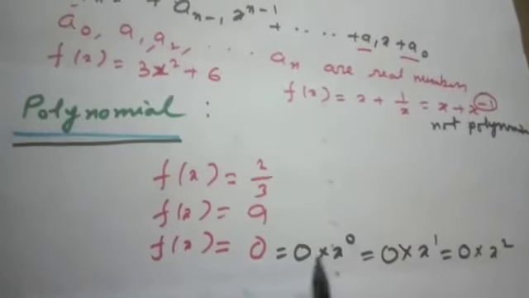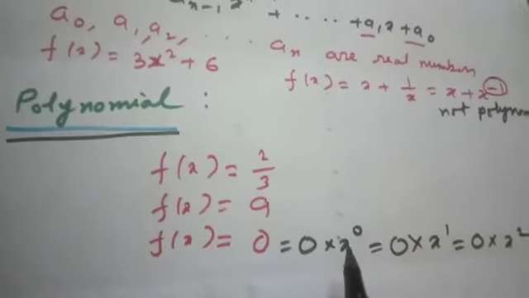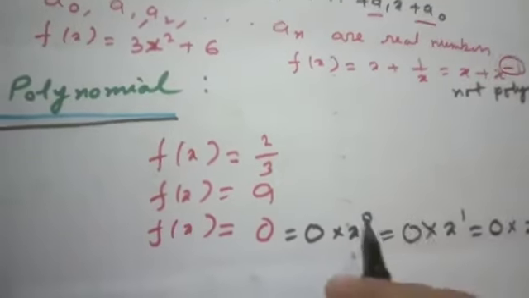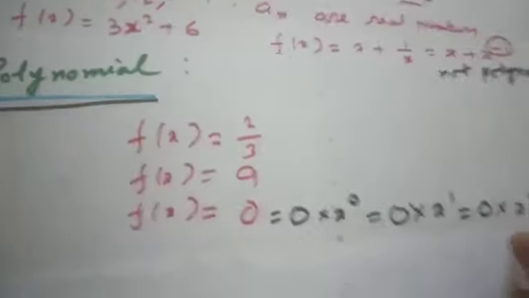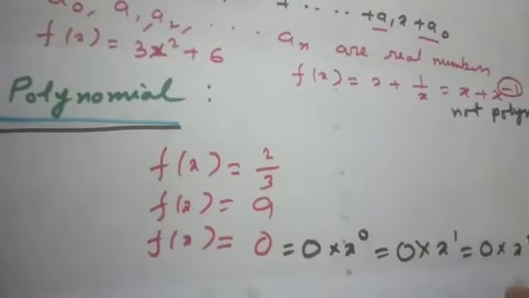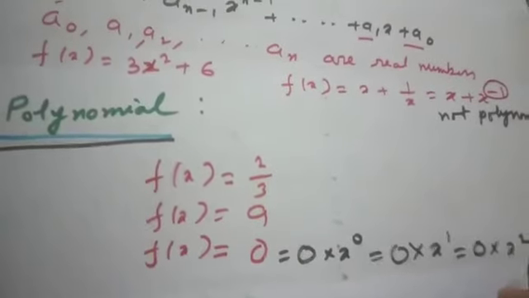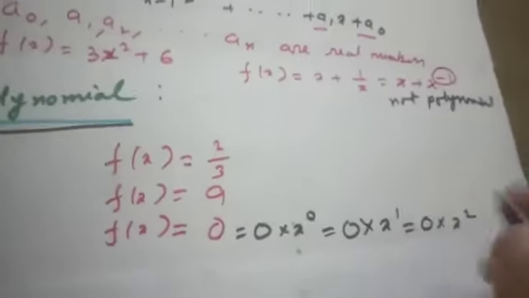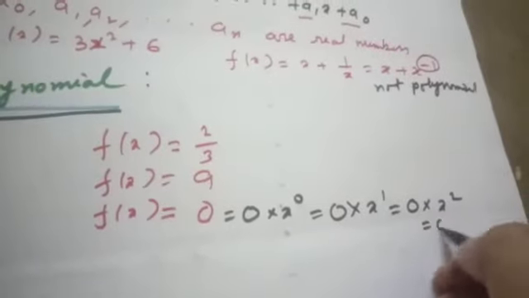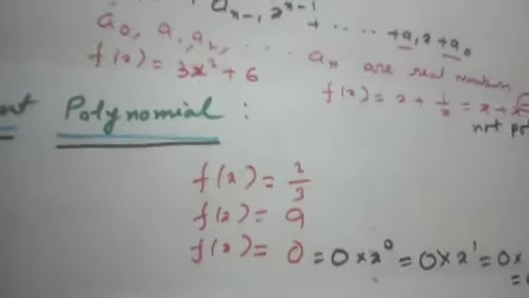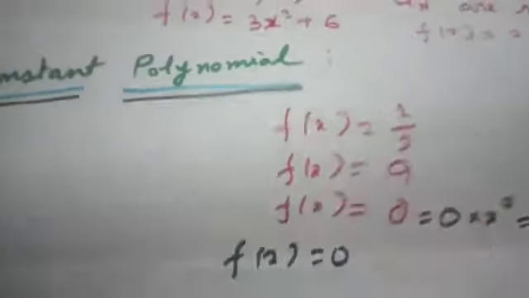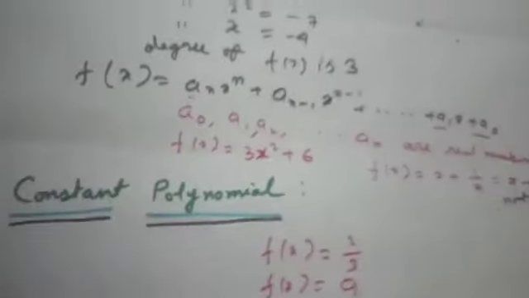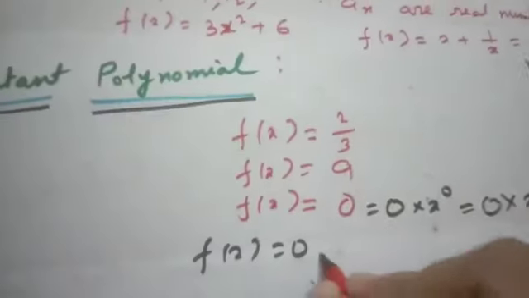So here the degree of x may vary: at first the degree is 0, then 1, then 2. So it is not a constant polynomial. The degree is undefined, because we can also write 0 into x to the power n and so on. Hence we call it the 0 polynomial.